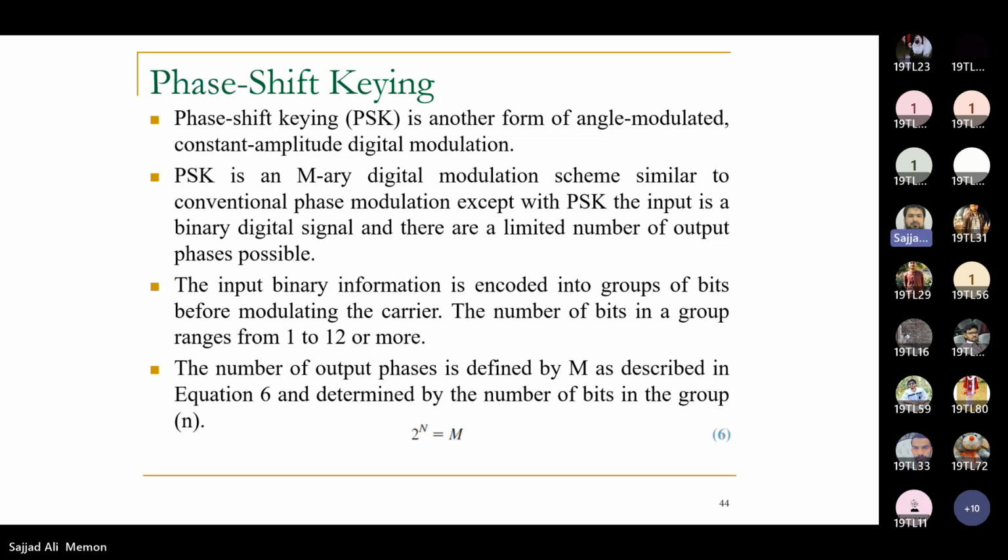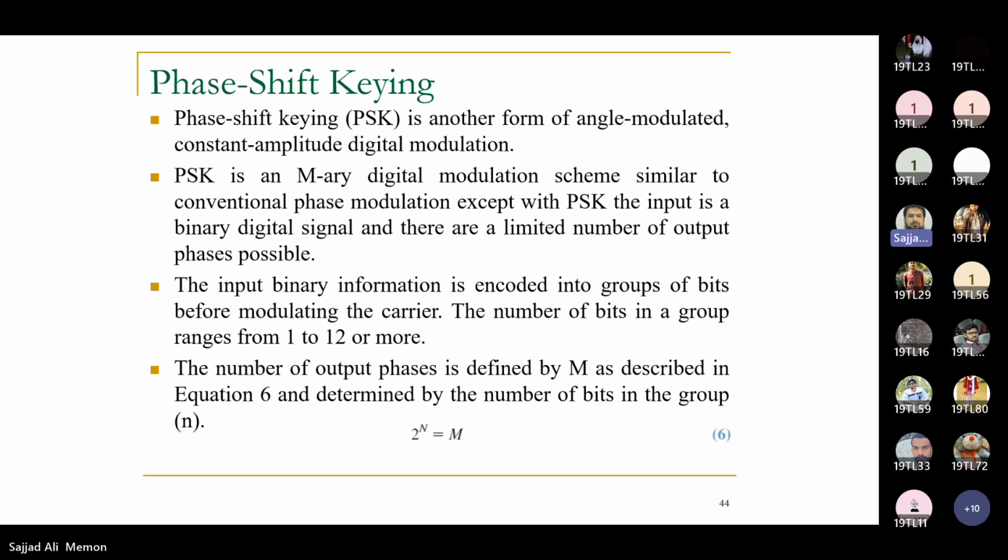The input binary information is encoded into groups of bits before modulating the carrier. The number of bits in a group ranges from 1 to 12 or more. The number of output phases is defined by M as described in equation 6 and determined by the number of bits in the group, that is 2 to the power n is equal to M.